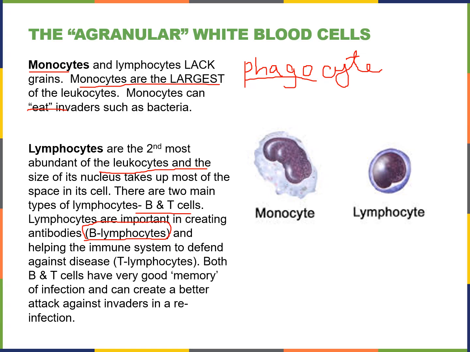So they're a very important part of our defense against infections. T cells help, but you will have to wait until we get to the immune system to have a better understanding of how T cells work. But T cells, T as in Tom, do not make antibodies.